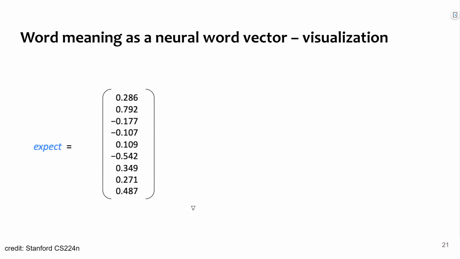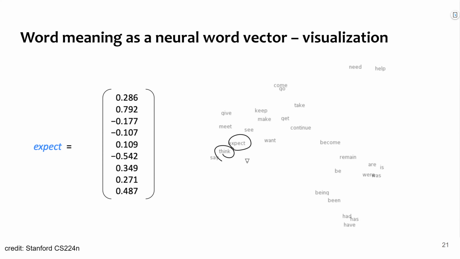When you plot these words on 2D space, "expect" is here, and it is close to "think". However, remain, become, be, are, is, were, as, was are clustered. Words having similar meanings are clustered in the same region.